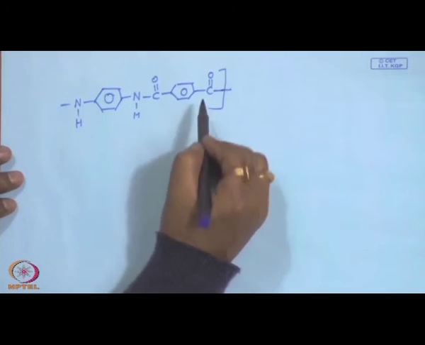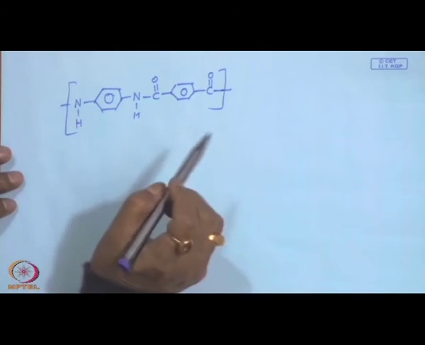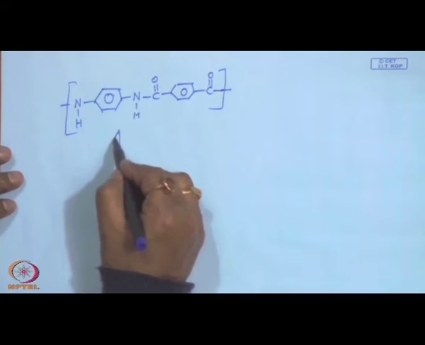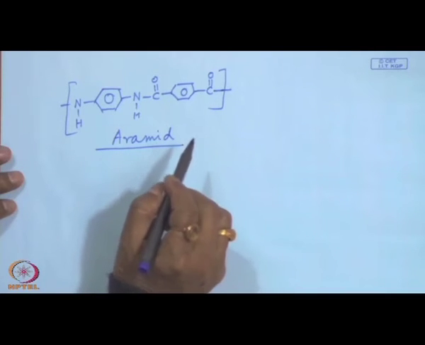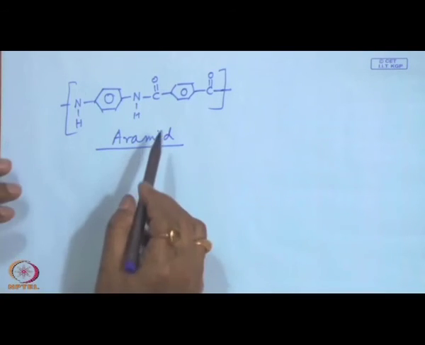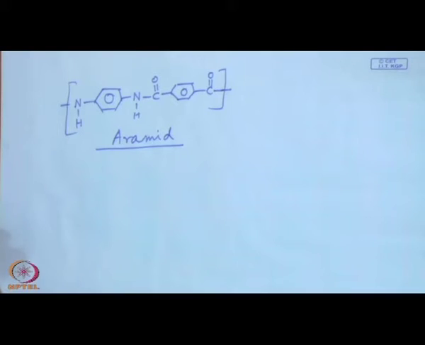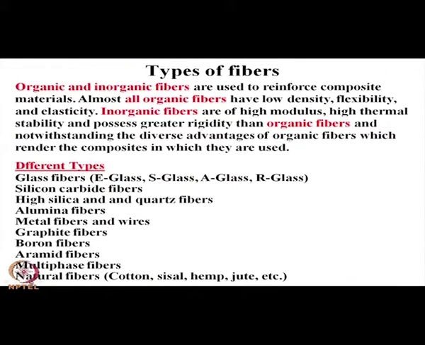This is the repeat unit of aromatic nylon, aramid. Aramid fiber is a very strong fiber, a strong aromatic nylon fiber for making high performance composites.